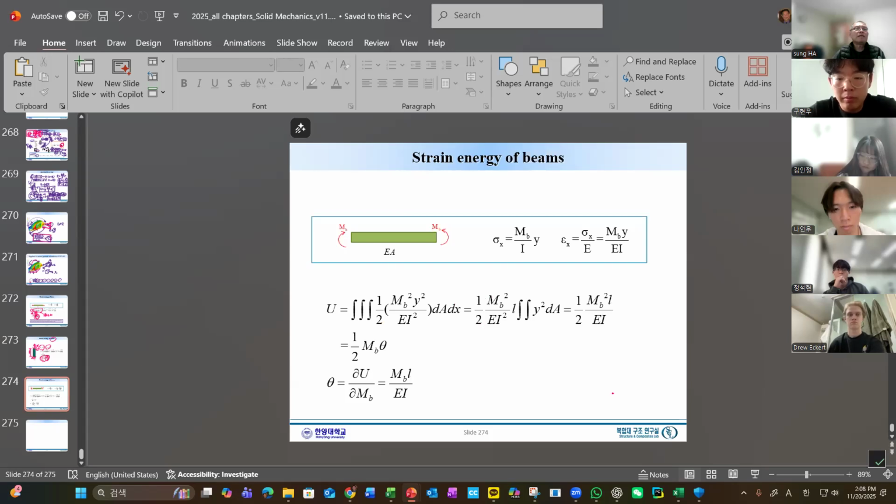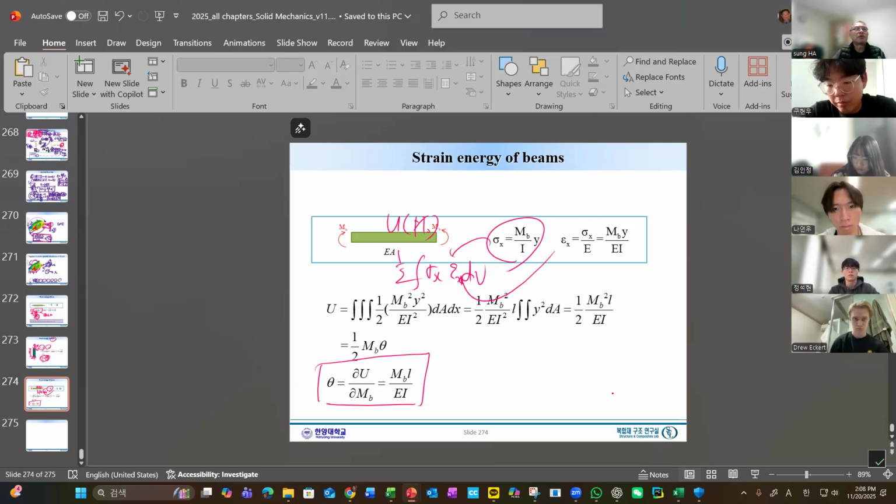And even for bending, we already know the stress and strain. Again, this one will be sigma x and epsilon x and half, and the volume we put here, we already know. The point is that if we have the strain energy in terms of M0, then all you need to do is take a derivative, and we know that this rotation is the same as here.